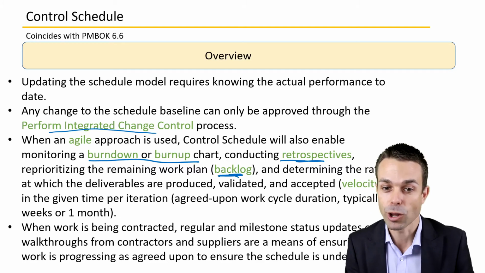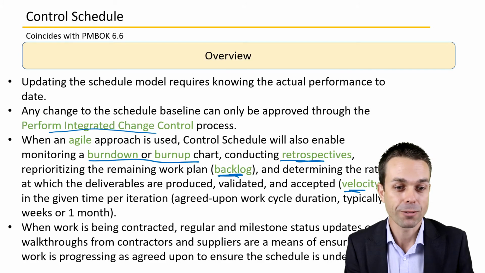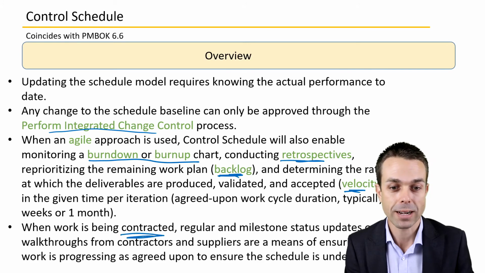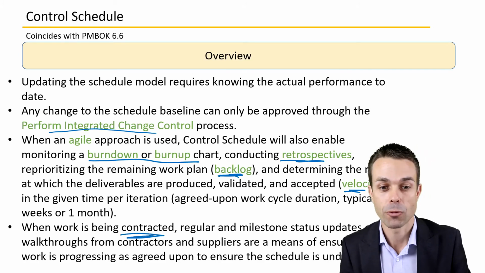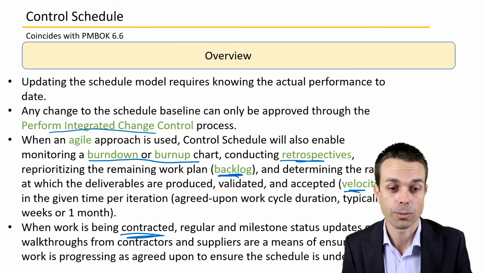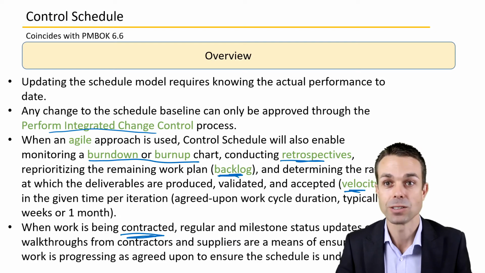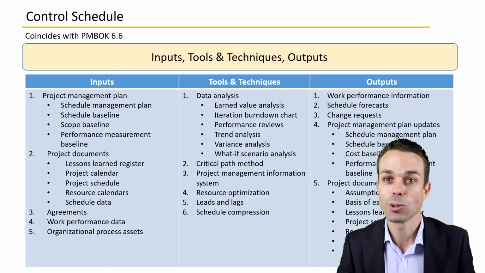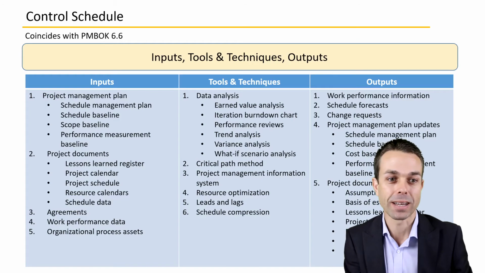So that's our velocity. When we've got a third party involved, so if our work is being contracted, then regular milestone status updates or walkthroughs would be good from those contractors, just to make sure that the work is progressing as we agreed.